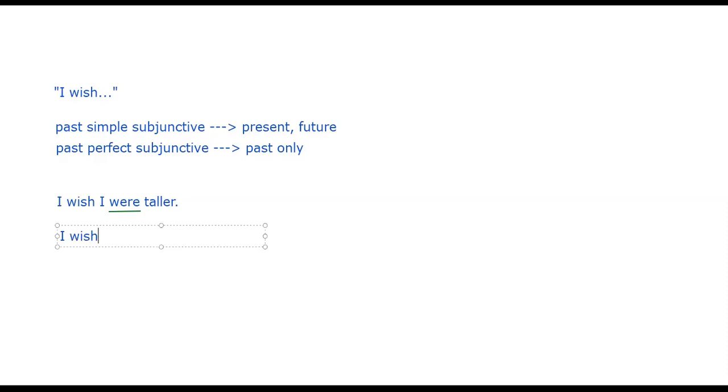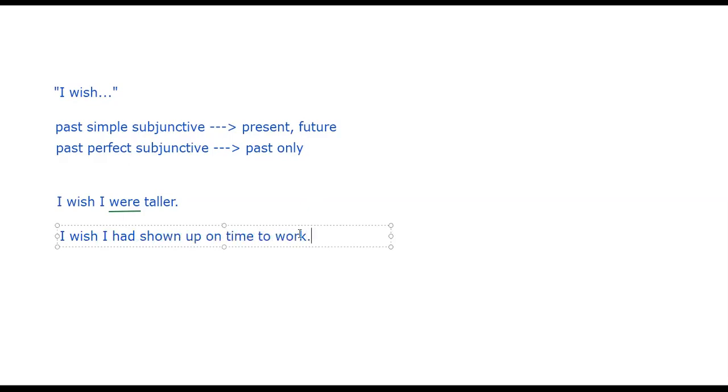But if you have a past situation, I wish I had told my mother, oh no, that's too depressing. Let's go to a different example. I wish I had shown up on time to work.